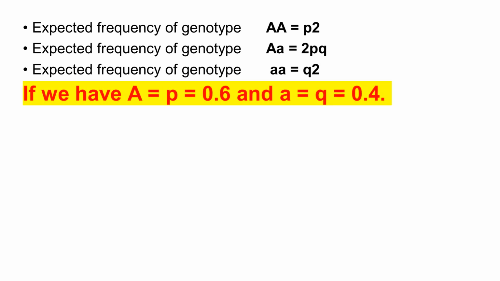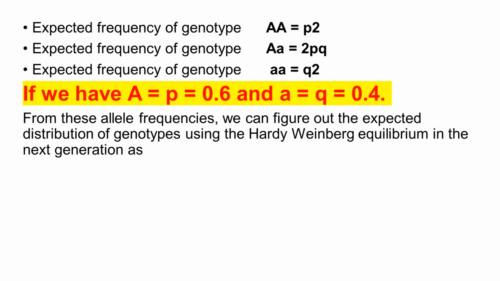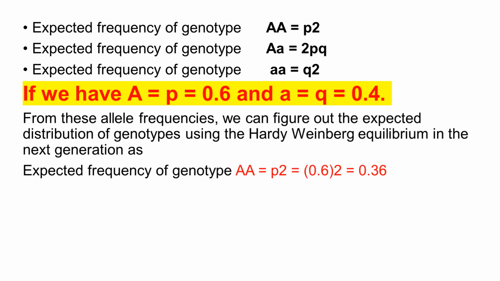If we have A = p = 0.6 and a = q = 0.4, from these allele frequencies we can figure out the expected distribution of genotypes using the Hardy-Weinberg Equilibrium in the next generation as: expected frequency of genotype AA equals p² equals 0.6² equals 0.36.